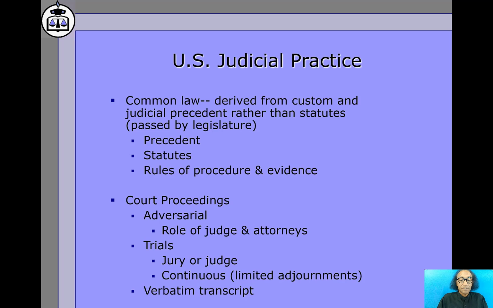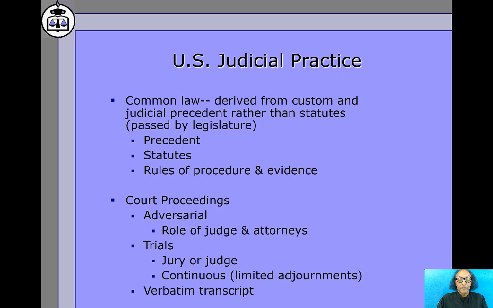U.S. judicial practice. Again, we've covered some of this. Generally, we have common law, which is basically law derived from customs and judicial precedent rather than statutes passed by the legislature. We see that in terms of opinions issued by the federal courts, including the Supreme Court. Those are the precedents. These are judge-made laws, so to speak.